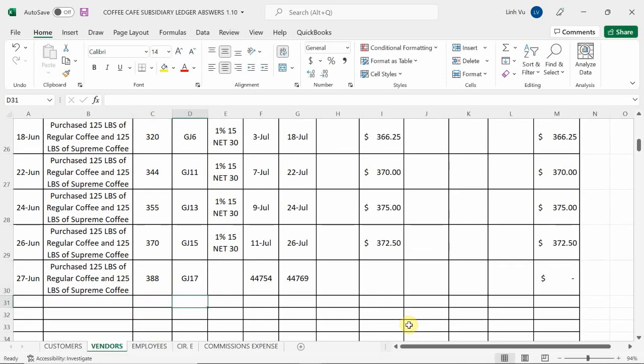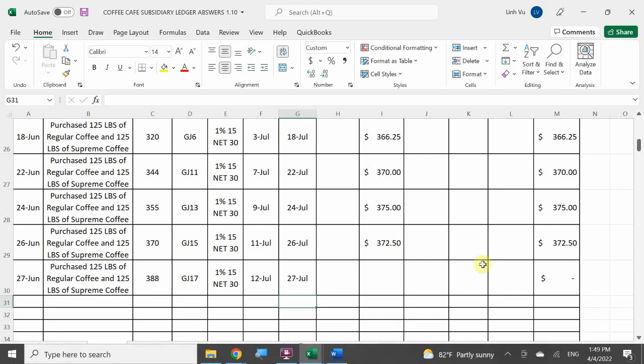General Journal 17. What was my terms? So when is my due date? What's my discount due date? 12. Good. And my actual due date's the 27.